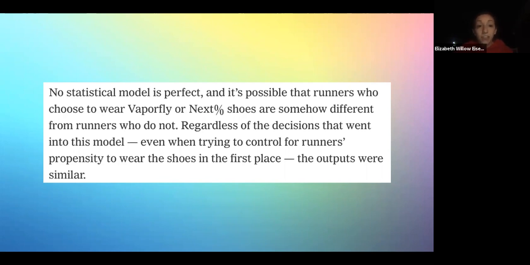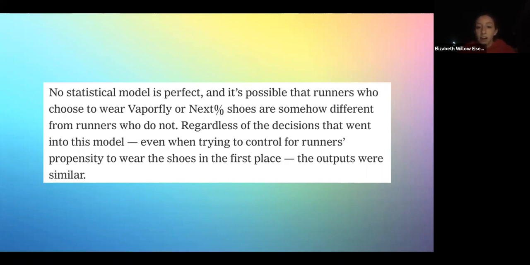But they do conclude by saying no statistical model is perfect, and because we don't have an experimental study, we have an observational study, it's possible that runners who choose to wear the Vaporfly or Next Percent shoes are somehow different from runners who do not. There's some other confounding variable that we don't know about.